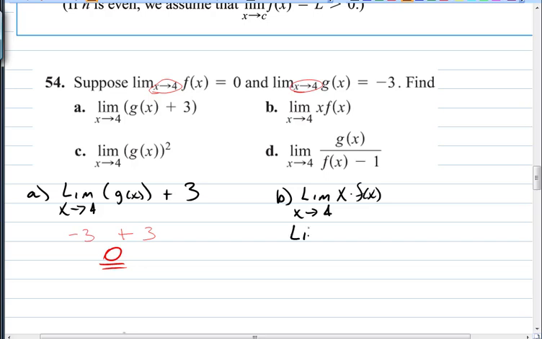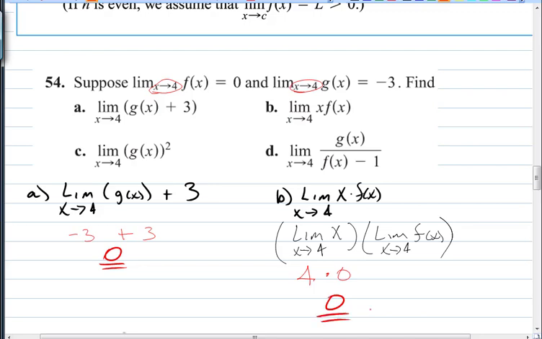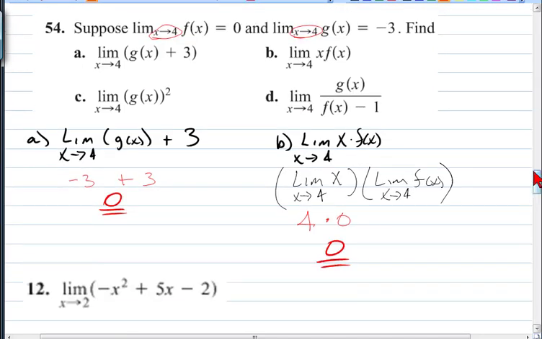The limit as x approaches 4 of x times the limit as x approaches 4 of f of x. So this is going to be, what's the limit as x approaches 4 of x? Times, and the whole thing is, do you see why this one was 0 right here?